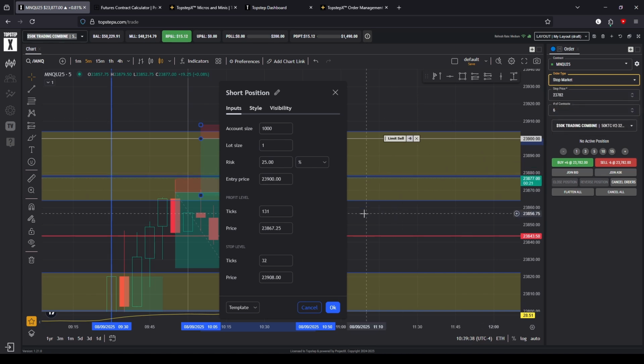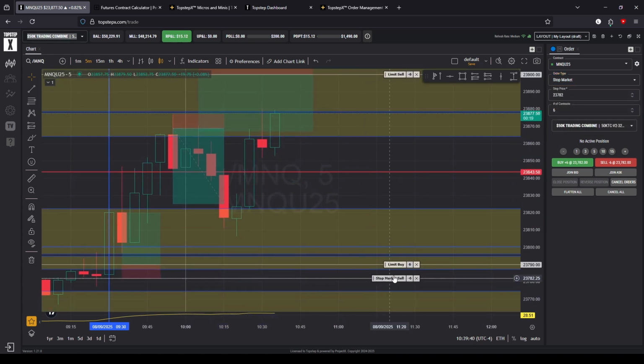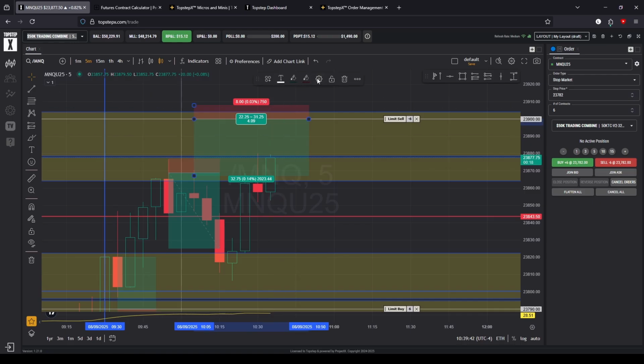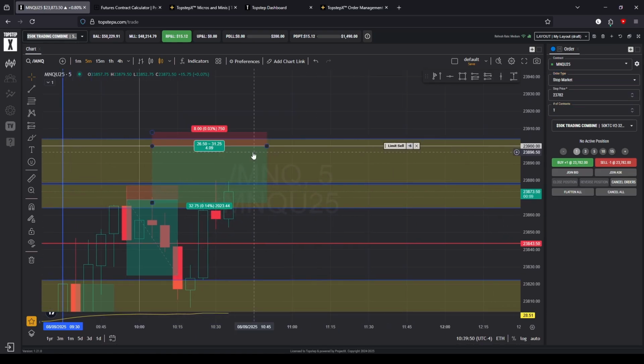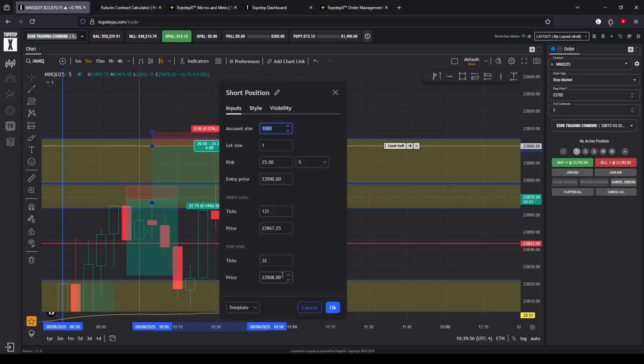So I did stop market for this one, right? Yeah, stop market sell. So stop market buy. Okay, I'm going to use one contract just in case it does that again. Let's see. Stop level.